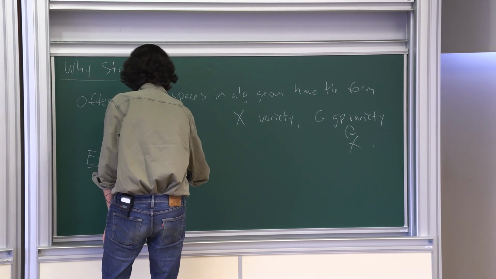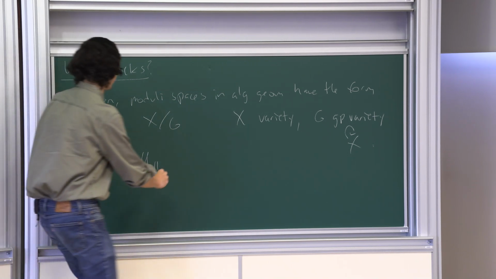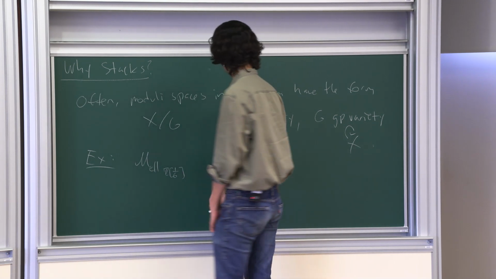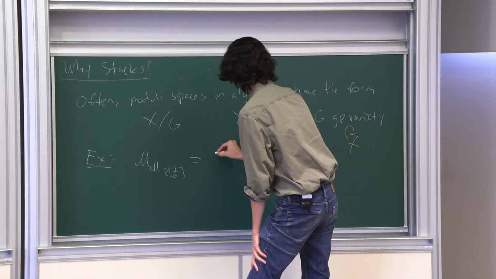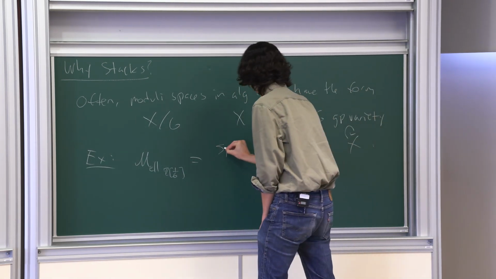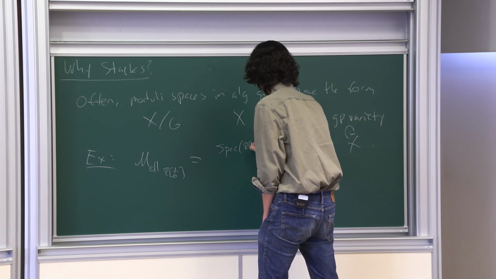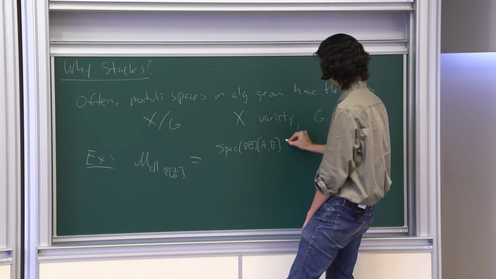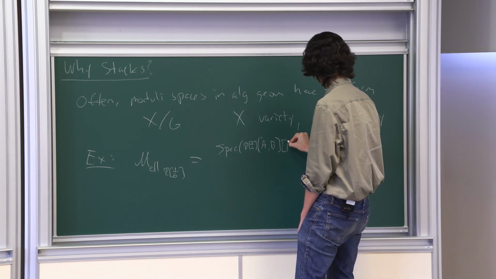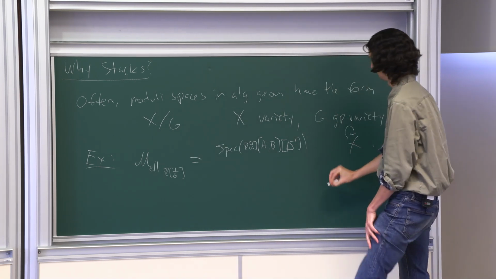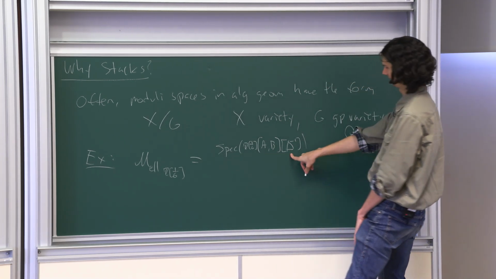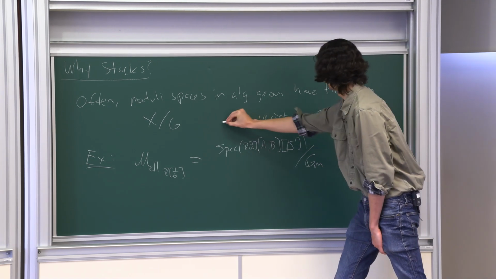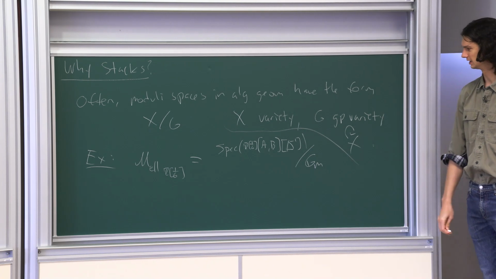you can look at the moduli of elliptic curves, and let's say for simplicity that we invert 6, which makes the discussion easier. Then this is X mod G, where X is Spec of Z[1/6][A,B], where you give two scalars A and B, but they have to be such that the discriminant is a unit, so you invert the discriminant, and then there's an action by units, giving the changes of coordinates.